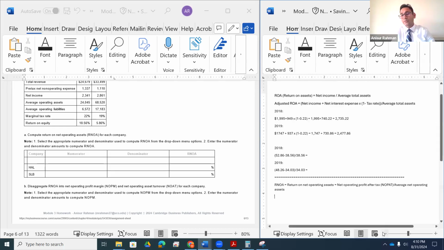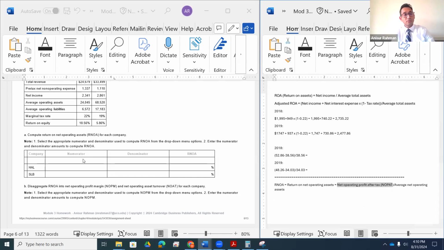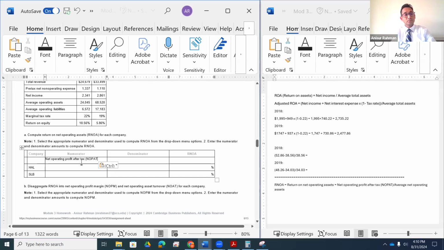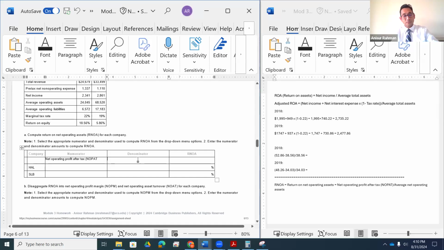So we need to calculate NOPAT, and we need to calculate average net operating assets. First, I'll write down this one in the numerator. Our denominator is this.